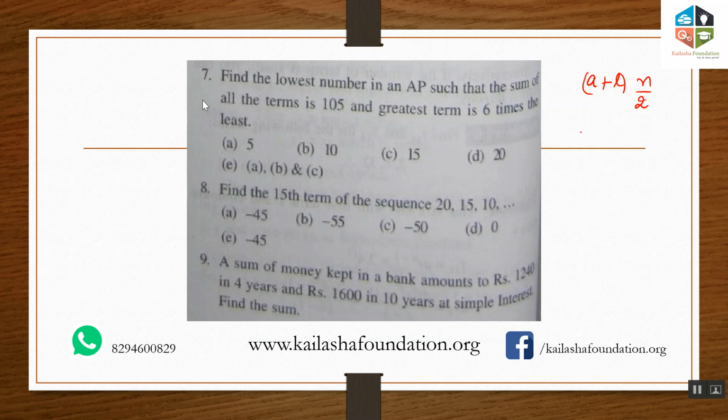Say first term is the least, A, then the greatest term is 6A. So (A plus 6A) into n by 2, 7A into n by 2 is our sum. Sum of all the terms is 105. Then 7An is equal to 210.